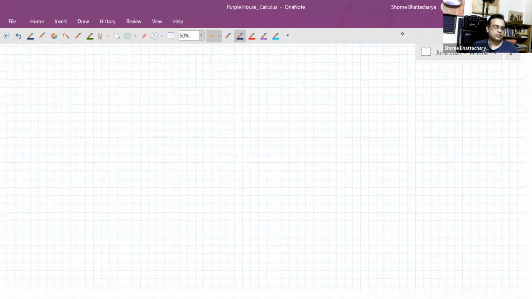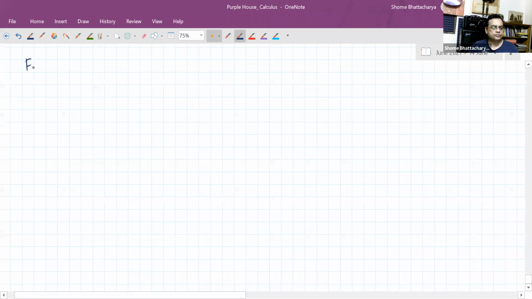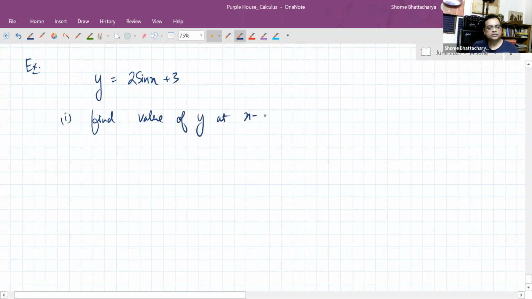Okay. So again, for example, let's say I have a function given to me as 2 sine x plus 3. I want to find out, first of all, the value of y at x equal to, let's say, pi by 6.